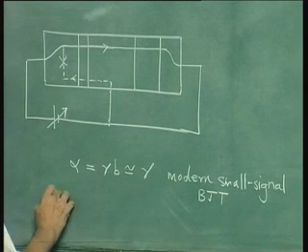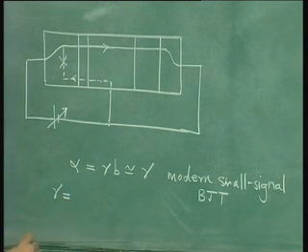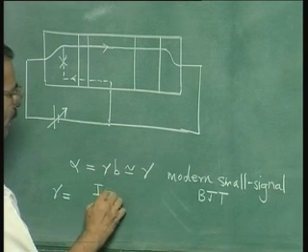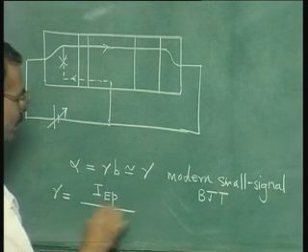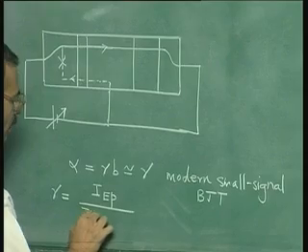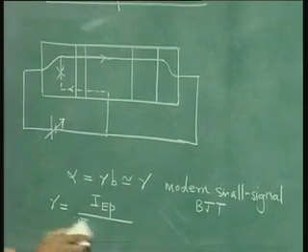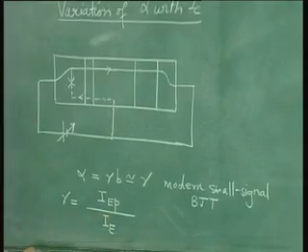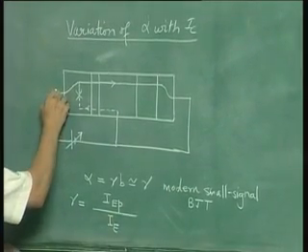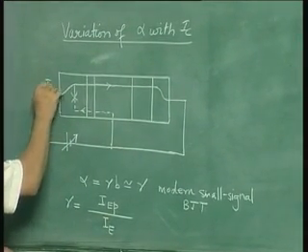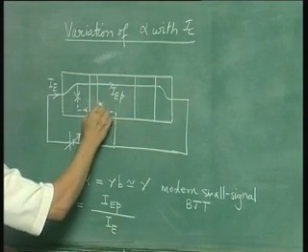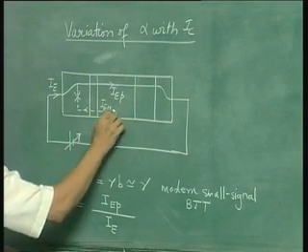Now what is injection efficiency? Injection efficiency is equal to IEP by IE. So this is IE, this is IEP, and this quantity is IEN.